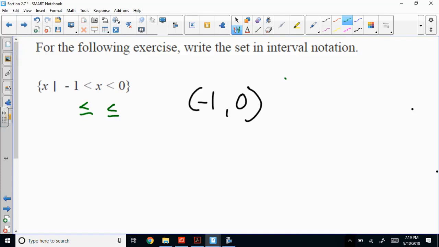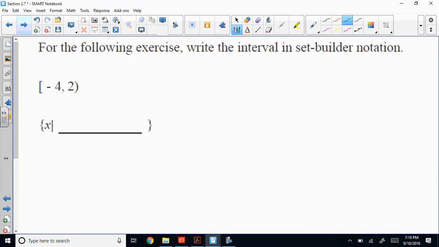So we wanted you to be able to see this in set notation. We've got to turn around and take this and put it in what? Go from interval notation into set notation. It says set builder, but it's set notation. So let's look at some things. All we're doing is creating an inequality, right?